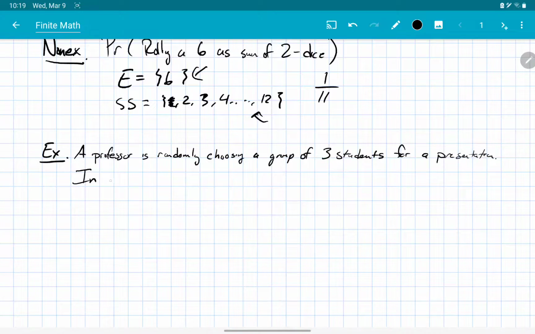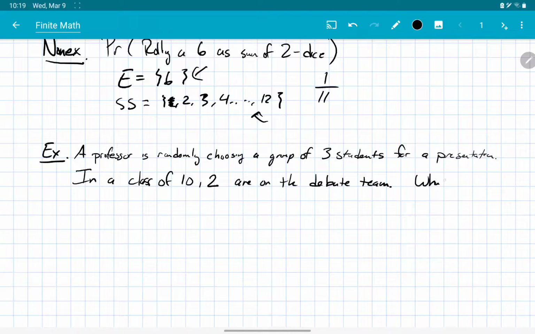In a class of 10, 2 are on the debate team. What are the chances at least one is chosen for the group?